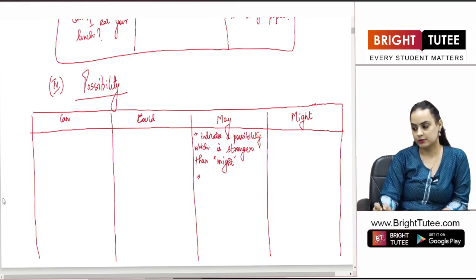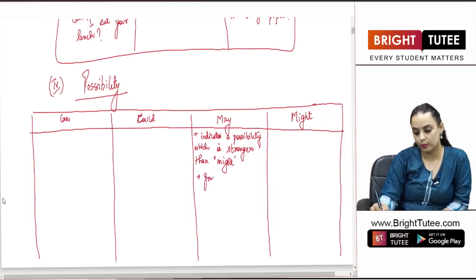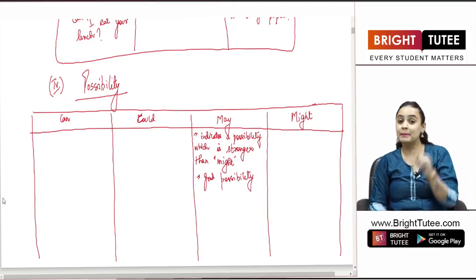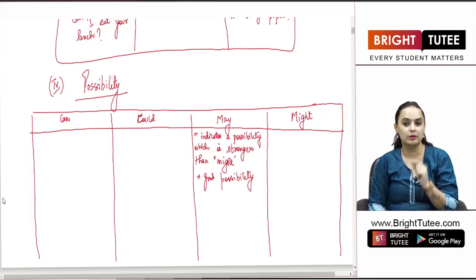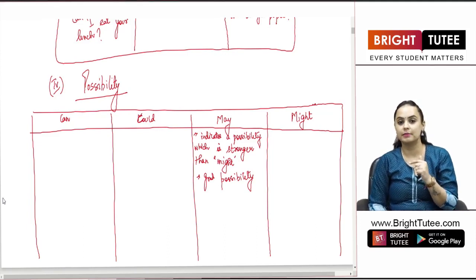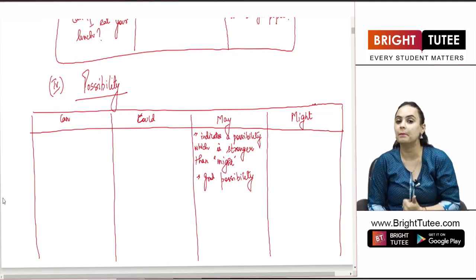We can also say that there is a good possibility of something to happen. We use may for that. So may is used to talk about the possibility of something which is stronger than might.